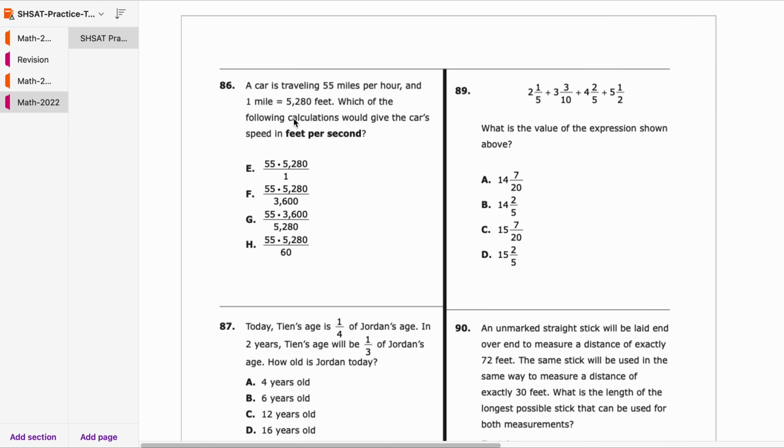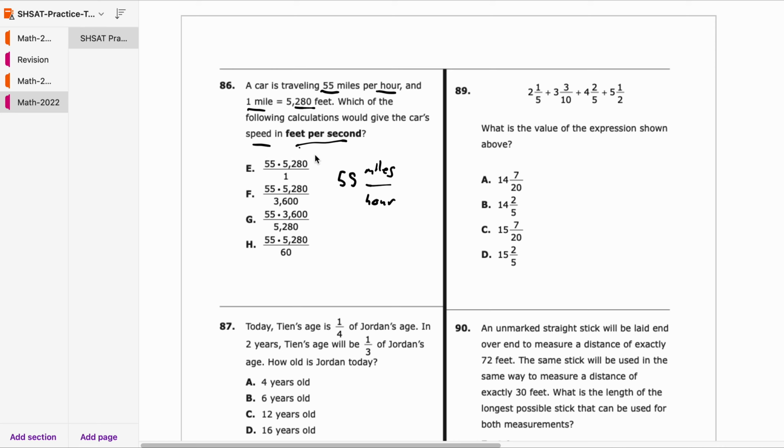Okay, so now 86. So a car is traveling 55 miles per hour, and 1 mile is 5,280 feet. So we want to know which of the following calculations would give the car's speed in feet per second. Alright, so let's start with 55 miles per hour.